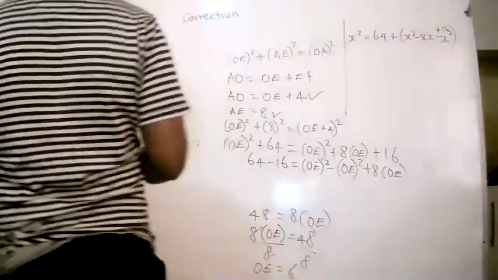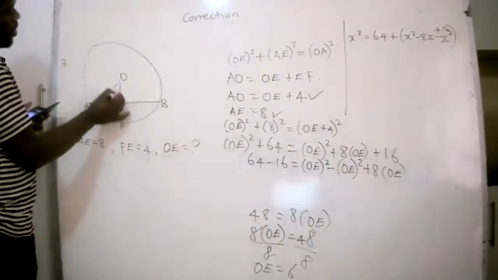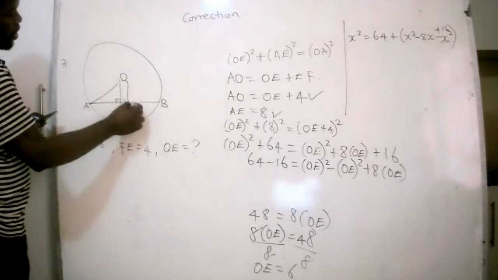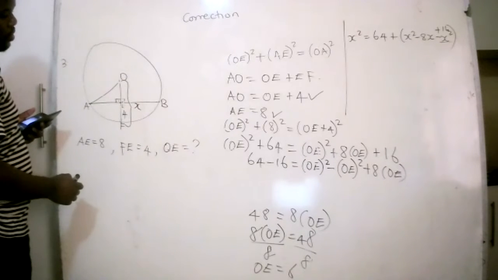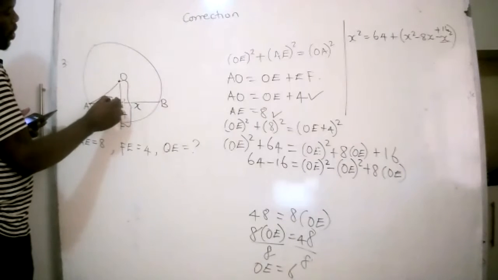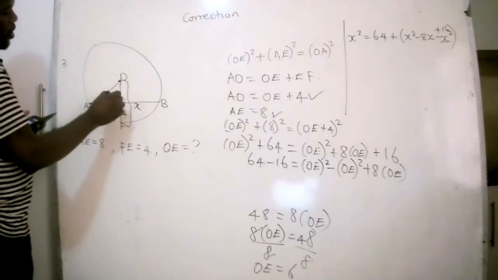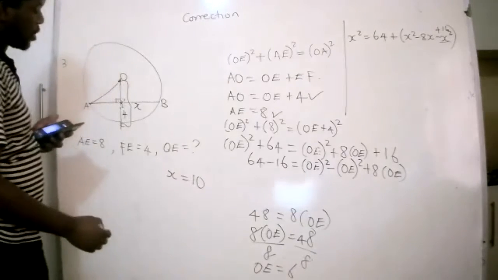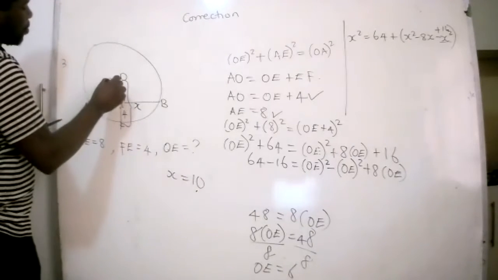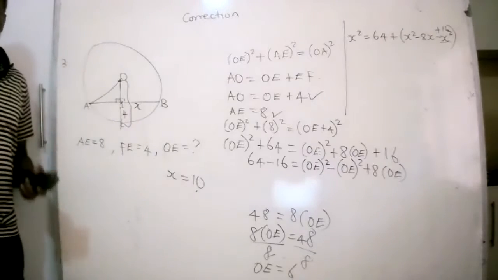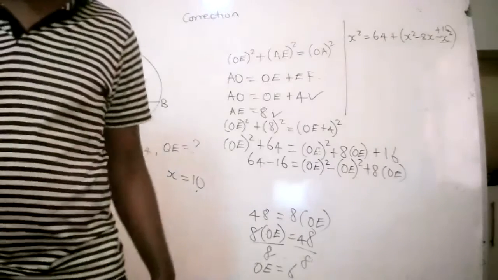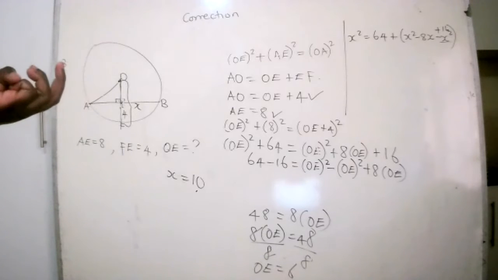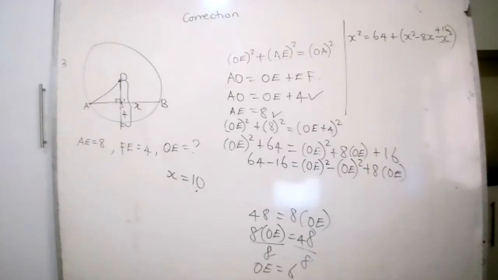The question required us to obtain this distance here, not x. So in your working x is 10, which is correct. But we are not looking for 10, we are looking for what? For OE. Do you see that? Yes. So I think it's clear now. All right. Are we together?